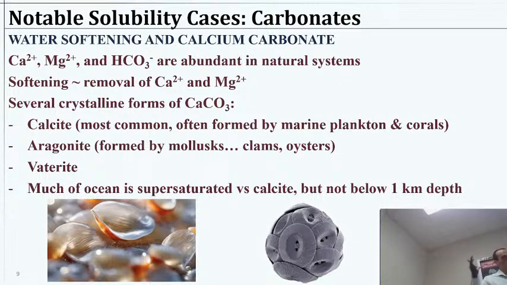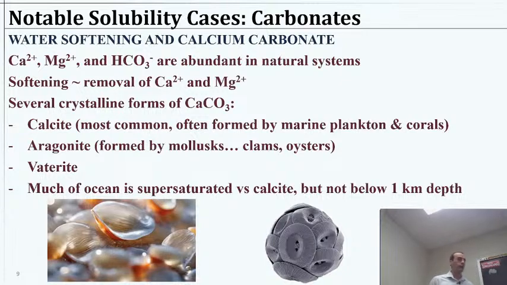So over geologic timescales, a lot of these calcium carbonates form, sedimenting out of the ocean once the organisms have died, forming layers and layers of sediment that can be compacted and processed, so to speak, and that yields limestone, which is mostly this calcium carbonate.